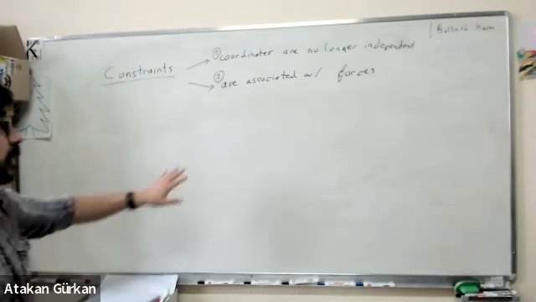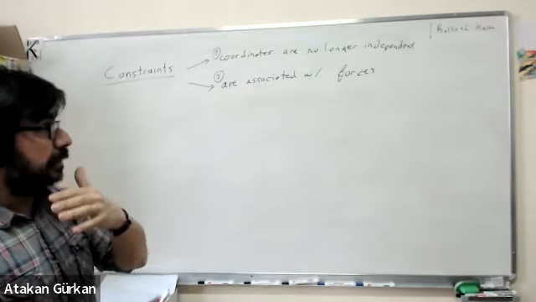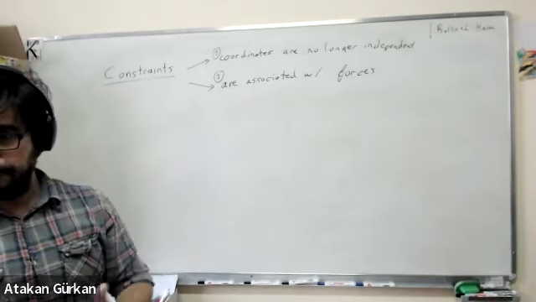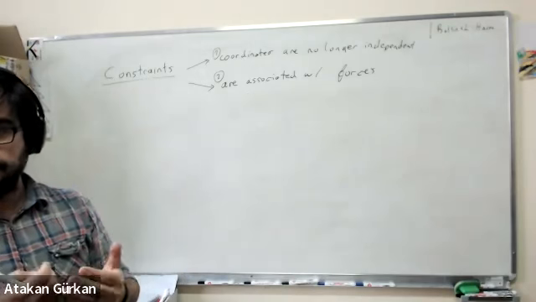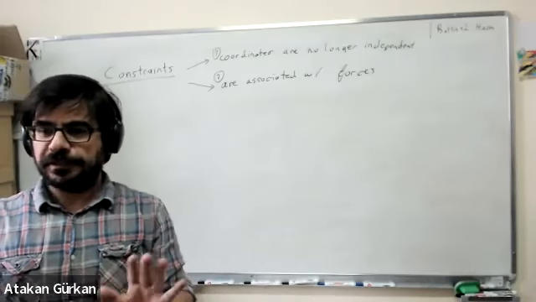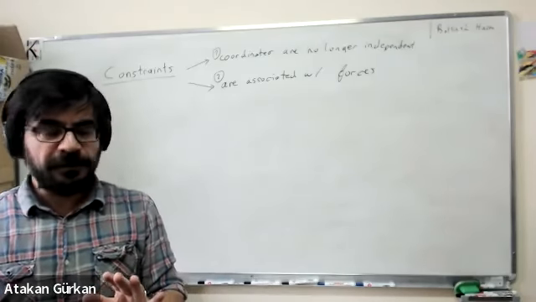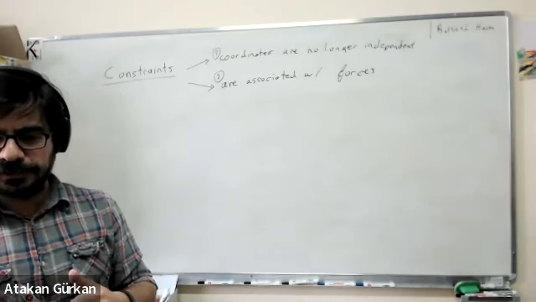Now, this difficulty, the fact that we don't know these forces, is kind of ignored. We say that the forces have certain properties, and if they don't have these properties, then we're not dealing with this system. If they have these properties, then we can deal with them. And this is a little bit confusing.